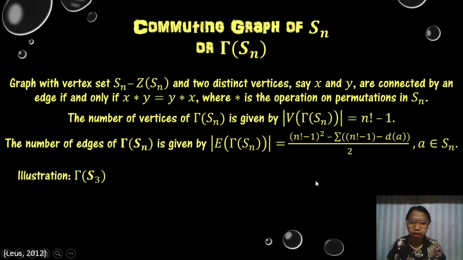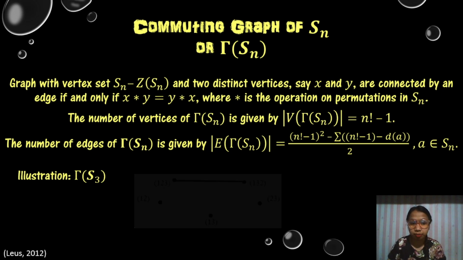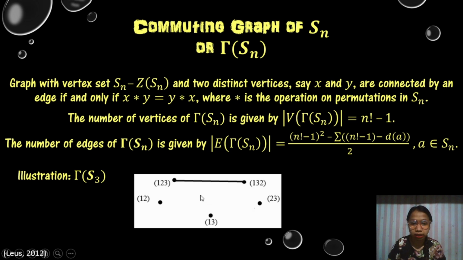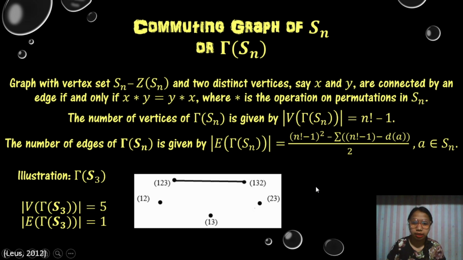For illustration, let us look at the commuting graph of S sub 3. The number of vertices is 5: vertices 1 2 3, 1 3 2, 1 2, 1 3, and 2 3. And there is only one edge, connecting the vertices 1 2 3 and 1 3 2. So obviously it follows from these formulas.